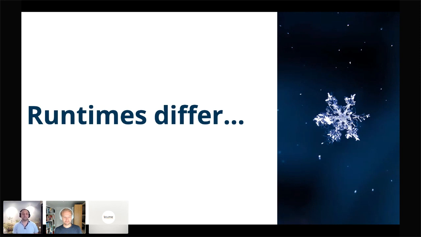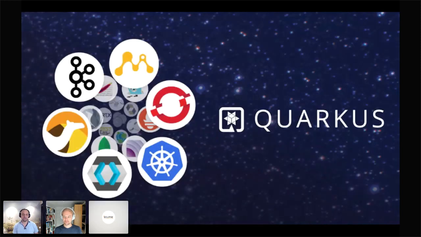The one we're going to be talking about here is Quarkus. As you can probably see from the title, we will be mentioning Quarkus. We do that because it is really quick to start up, so it fits really well into this whole serverless story that we have.